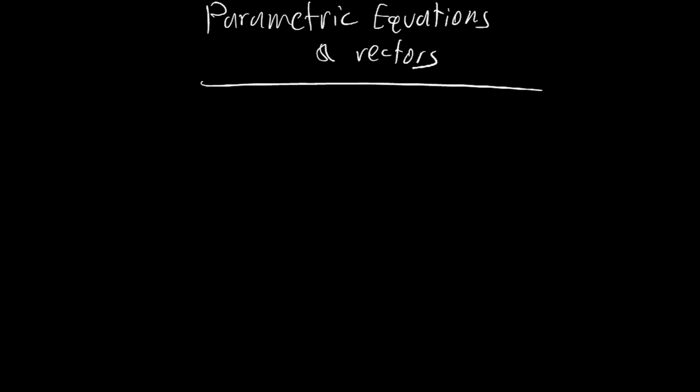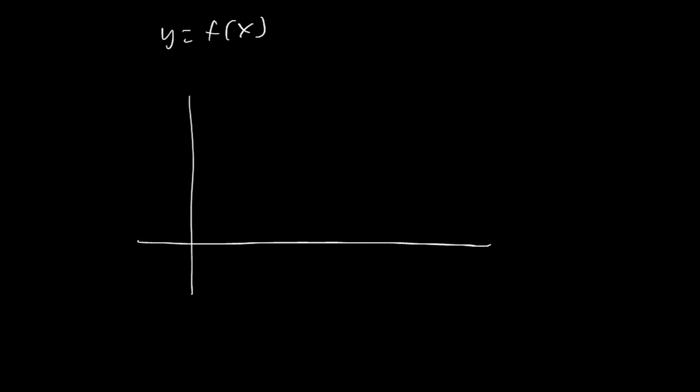Okay, so the first thing we have to understand is, let's say we have some function y equals f of x, and imagine we're trying to represent something where a ball is thrown.